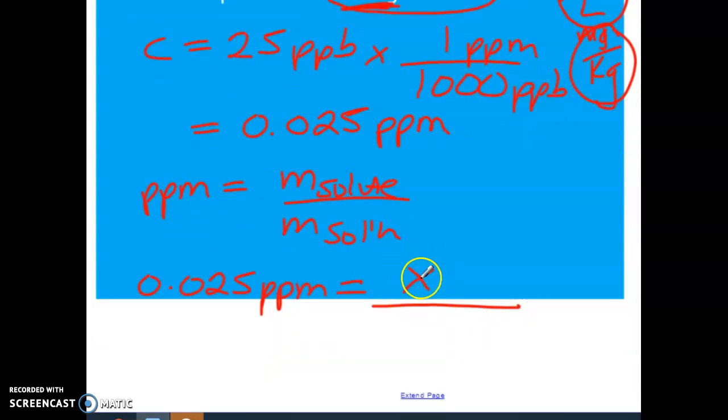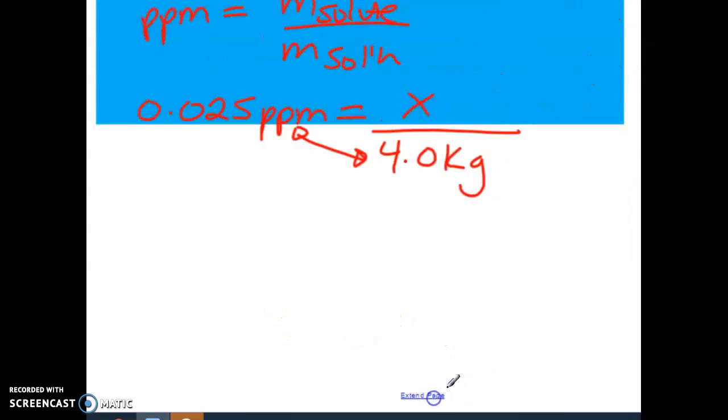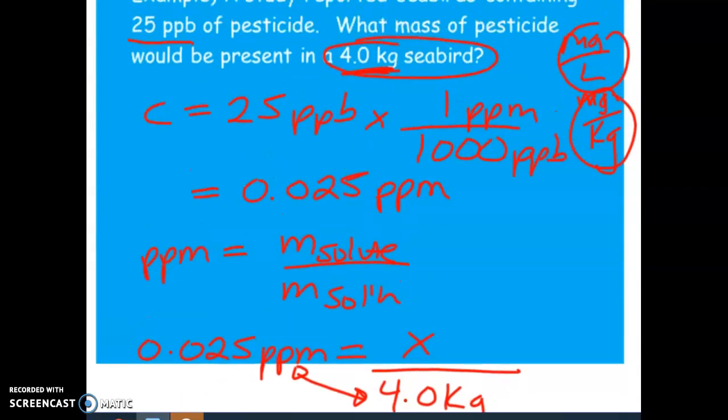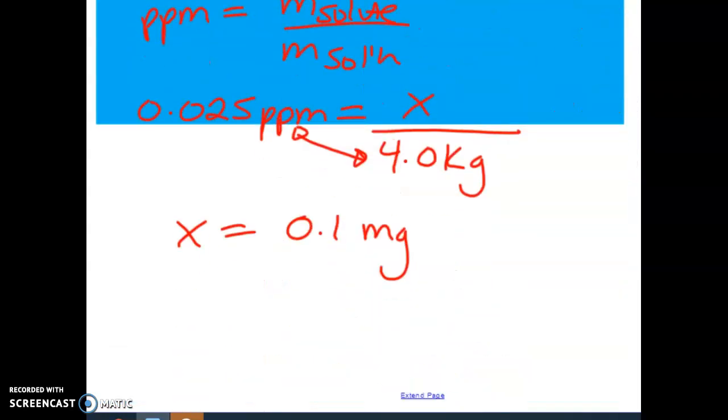So we're looking for the solute, and we have here a 4.0 kilogram bird. So to solve for x, we're going to multiply those two values out. So we get 0.025 times 4, which gives us 0.1. And that's going to be in milligrams. So remember our ratio for parts per million. And for sig figs, it's going to be 2. So actually we have to add on a 0.